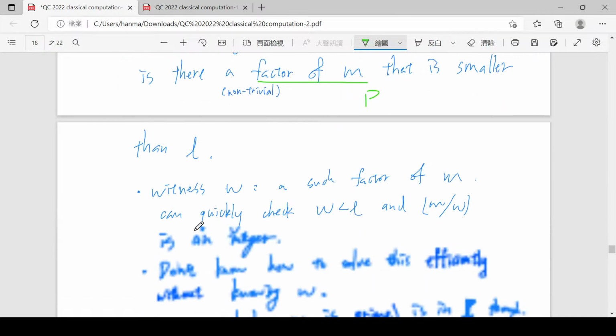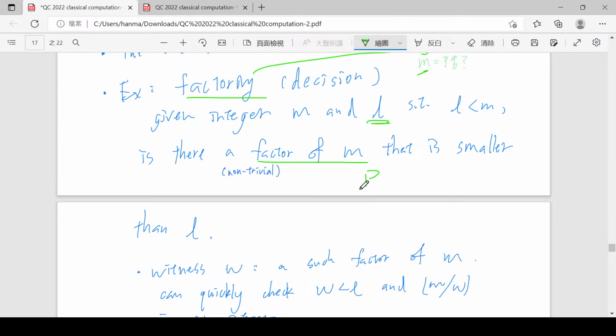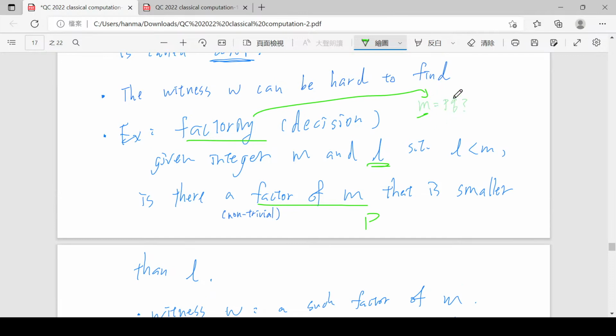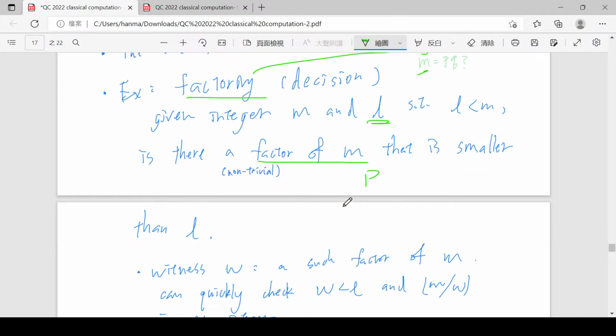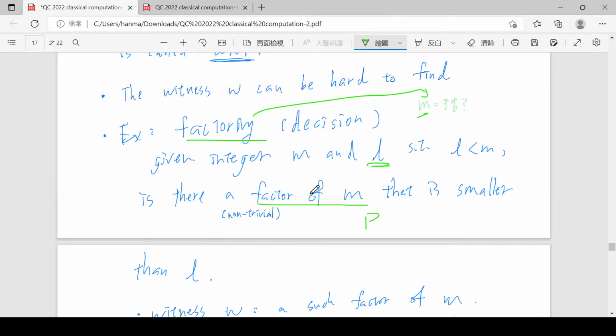You can see that this decision problem and the original search version of factoring are really equivalent. Let's say n can be factored into some p times q, and you want to find p. If you can solve this decision version, then you can just move your L around and do a binary search, and you can find this p in polylog time.